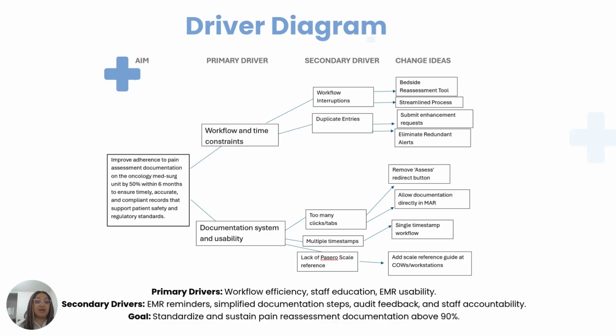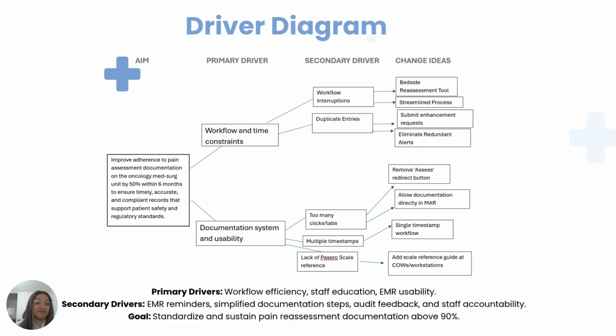This is a driver diagram that shows the aim, primary drivers, secondary drivers, and change ideas related to pain reassessment documentation. We would like to see pain reassessment documentation on the oncology med-surg unit improve to 90% within 6 months.